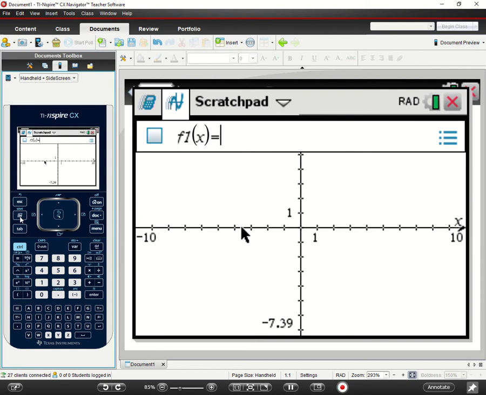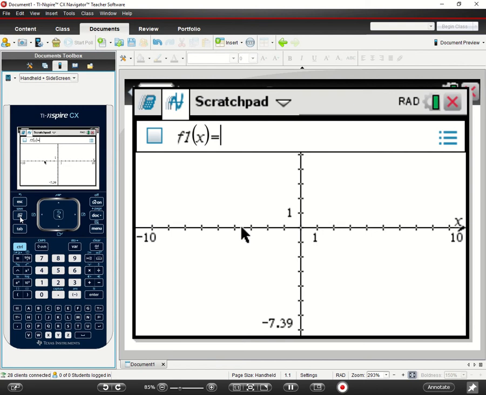Press doc B, doc in the letter B, because that clears the calculators. Did you do doc B?